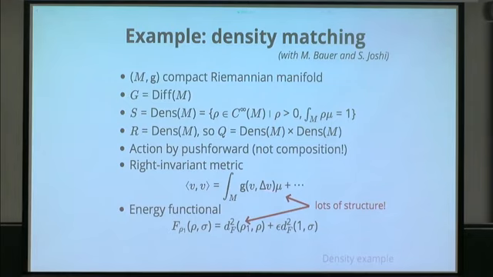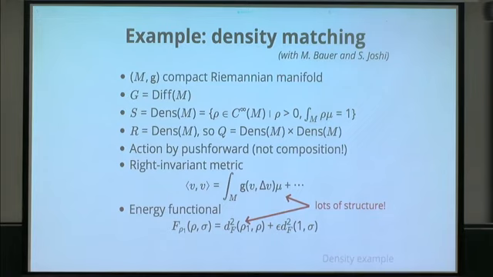So we have something like this, a nice metric, and it has a lot of structure. For the energy functional, we take the Fisher-Rao distance, that's d_F, between rho 1 and rho. This is the matching term, the similarity term, and then we take epsilon times the regularity term, and again the Fisher-Rao distance between the unit density rho and sigma. Remember, we had to specify this for both rho and sigma being in Q, in Dens times Dens.